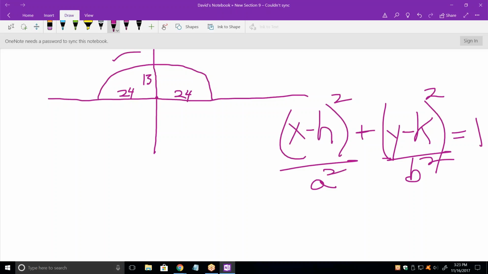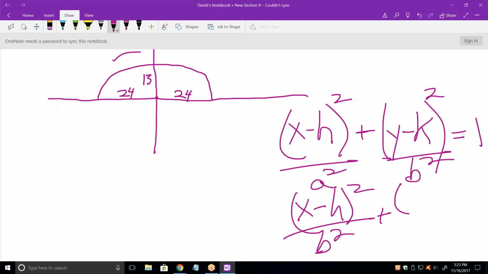And there are actually two formats for an ellipse. So it's even harder. There's only one format for the equation of a circle. There's two for an ellipse. And the difference between these, you'll notice, is which variable the A or the B are under.